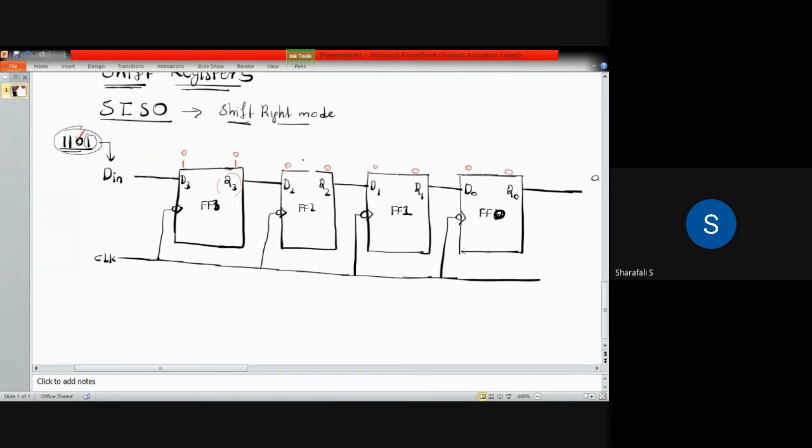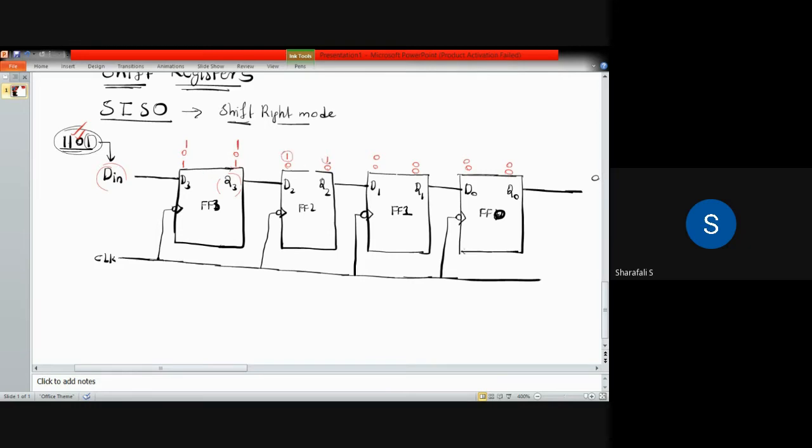So 0, 0 comes here. Here it will become 1, 1. Then this 0, 0 shifts here, and this 0, 0 shifts here. Next time this 1 will be given to this D in, so this will become 1, and this also will become 1.